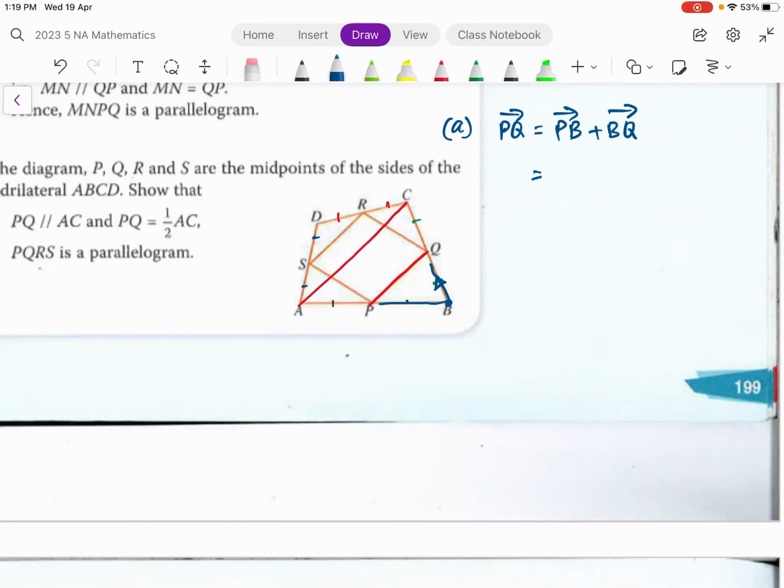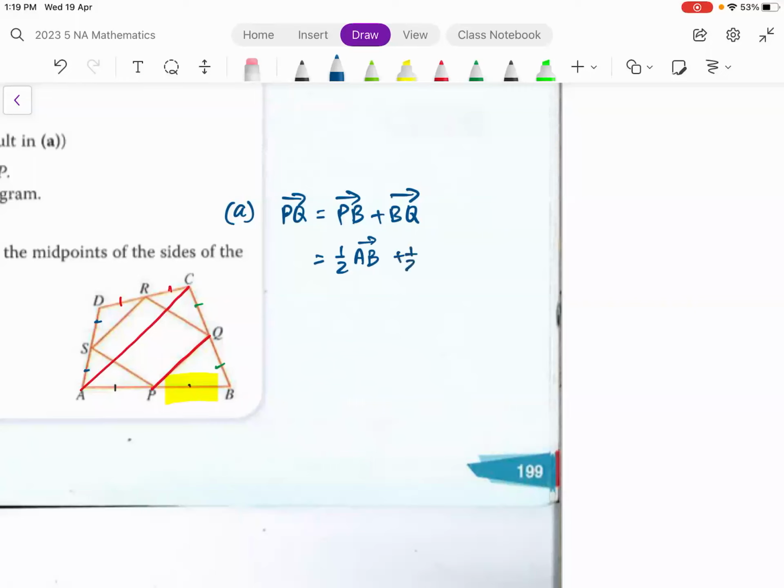Right? So this PB over here is half of AB. This is half of AB. Same direction. Okay? And then we do the same for BQ. BQ is actually half of BC. So plus half of BC.